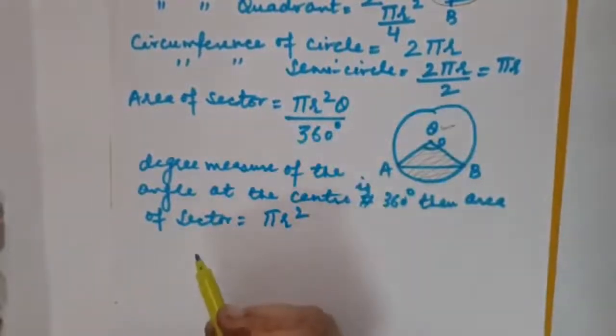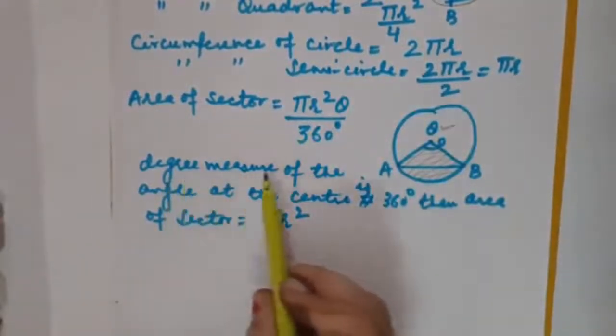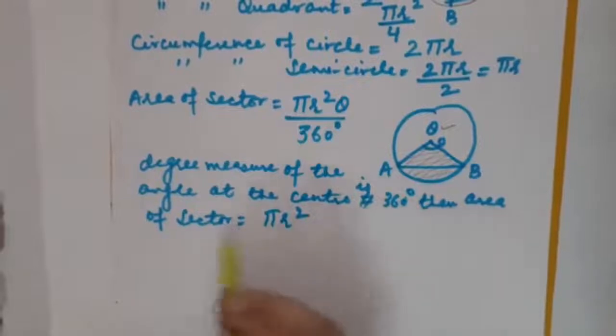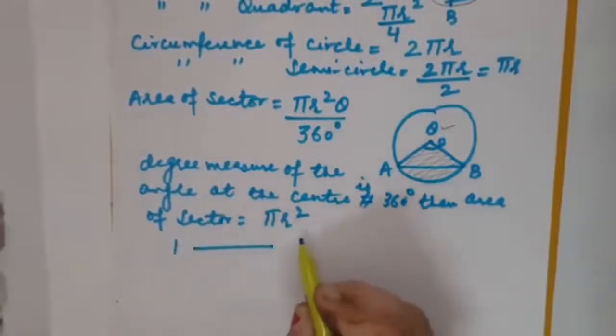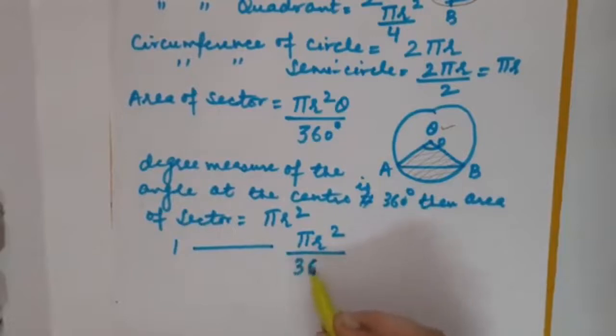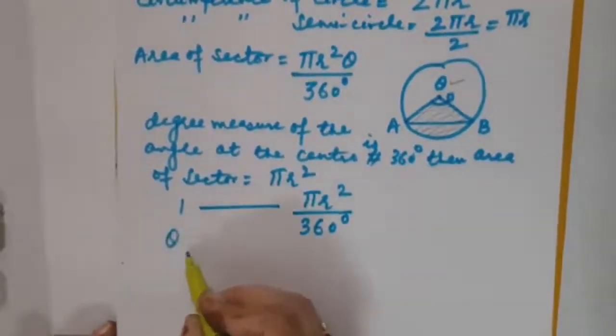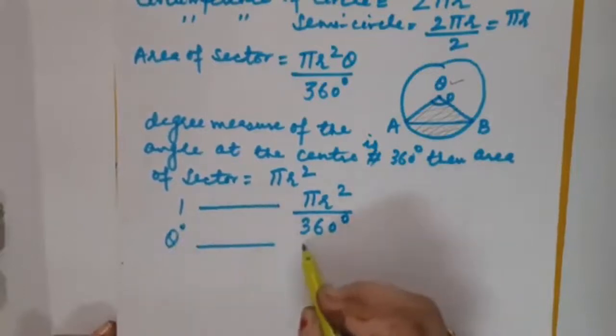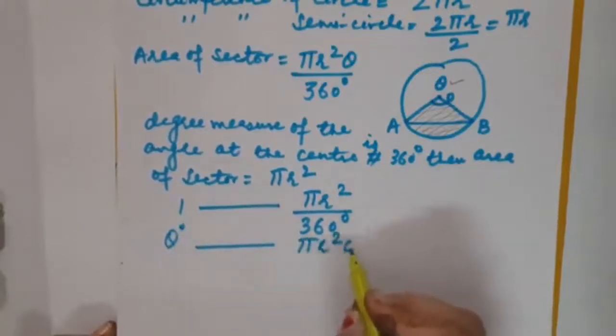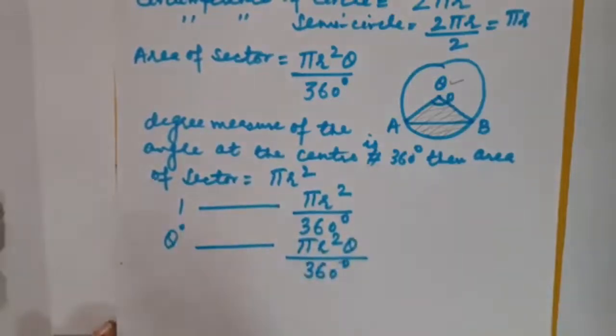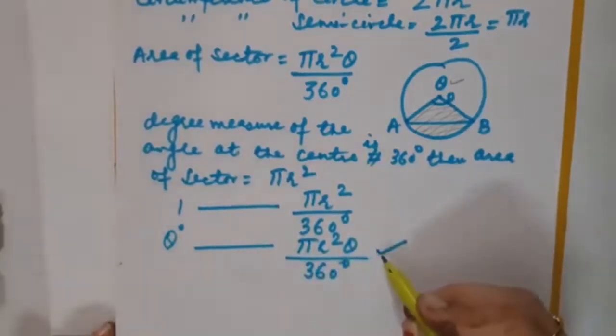Now I apply the unitary method: when the degree measure of the angle at the center is 1, the area of sector will be pi r square upon 360. And when the angle is theta degree, it becomes pi r square theta upon 360. So this is the area of the sector.